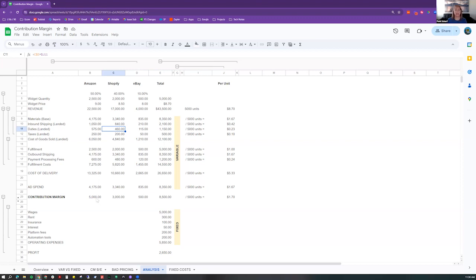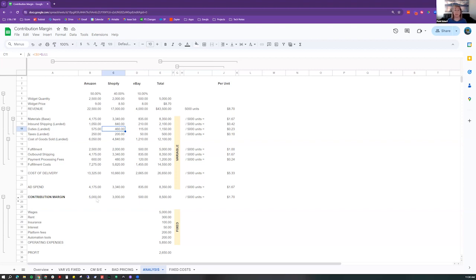Which channel is contributing most to my bottom line? That's a number that you really want to pay attention to, because you might want to throw more ad spend at the channels that are doing well compared to the channels that are contributing less to your bottom line.